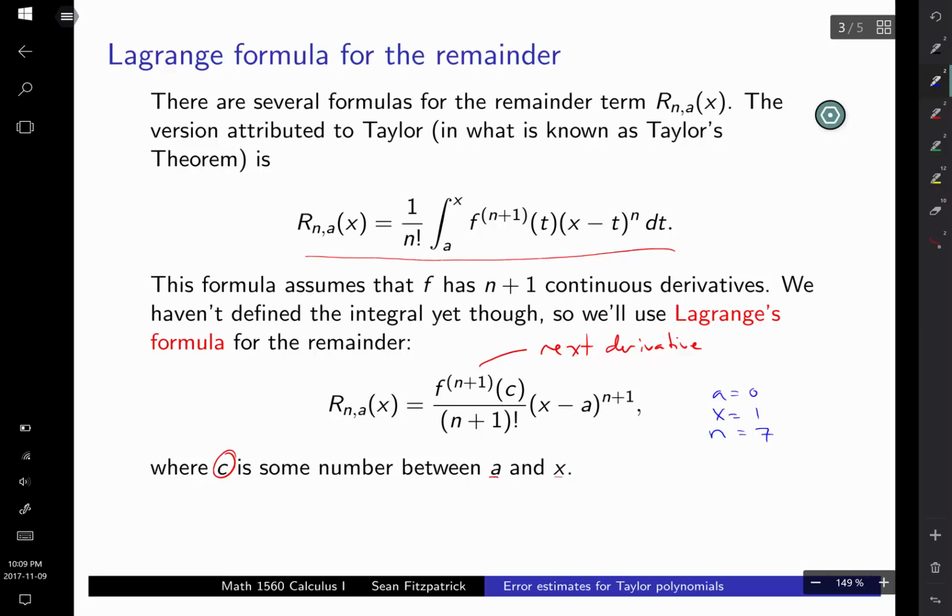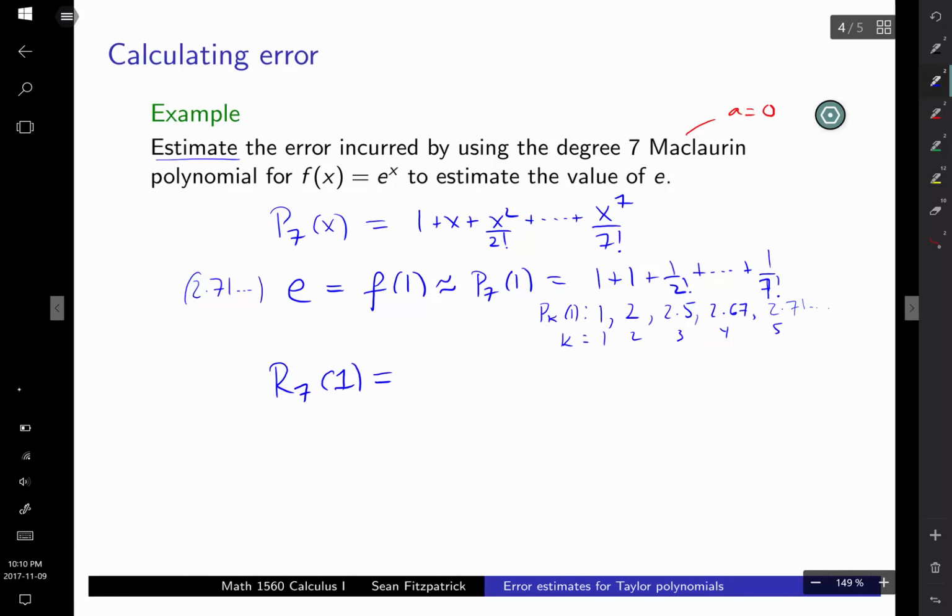So we're going to get the 8th derivative at some c, over 8 factorial, times 1 to the 8. Okay, so now you can see where you can work this out.